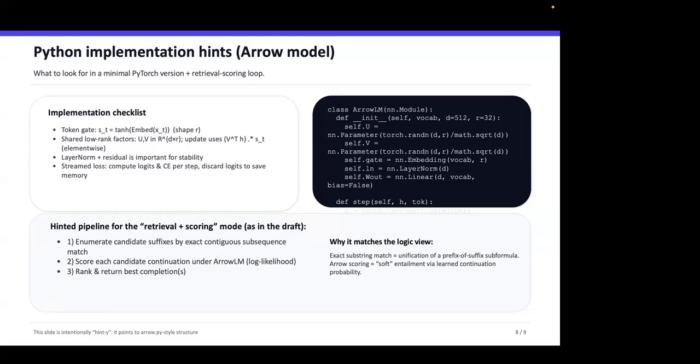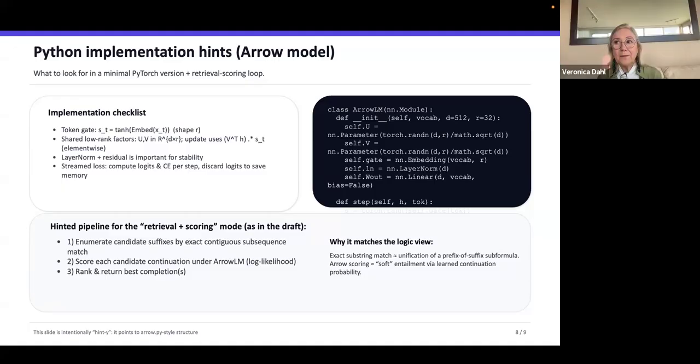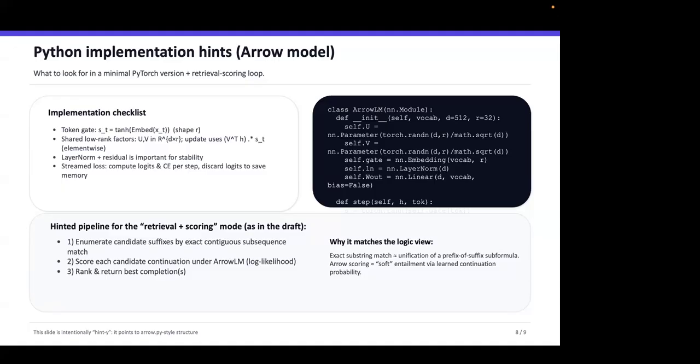So this arrow model, interestingly enough, turns out to be a rediscovery of one of the seminal papers by Sutskever and Hinton from 2011, where before transformers became popular, they tried to model recursion in a different way.